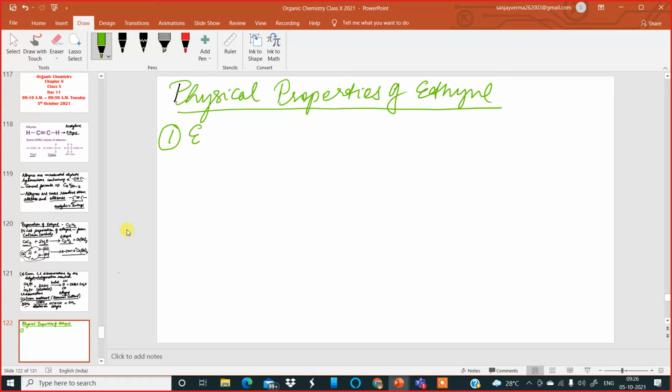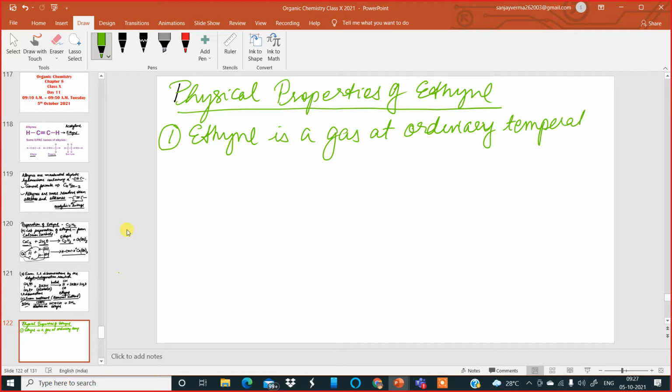Ethyne is a gas at ordinary temperatures, slightly lighter than air. Remember that.